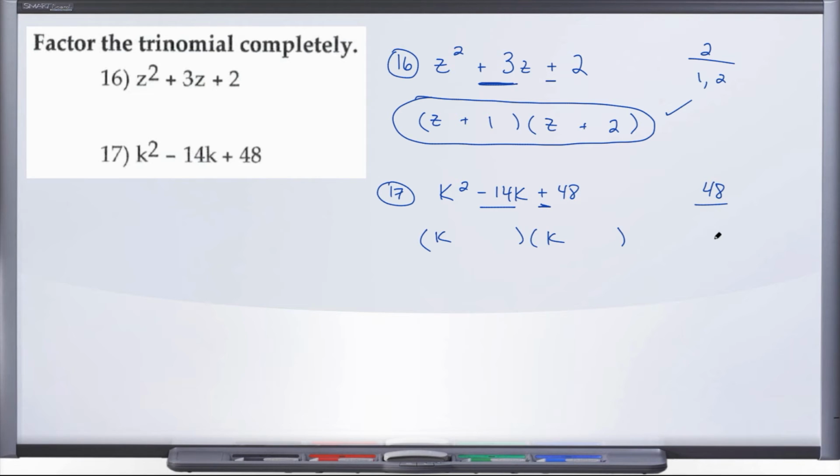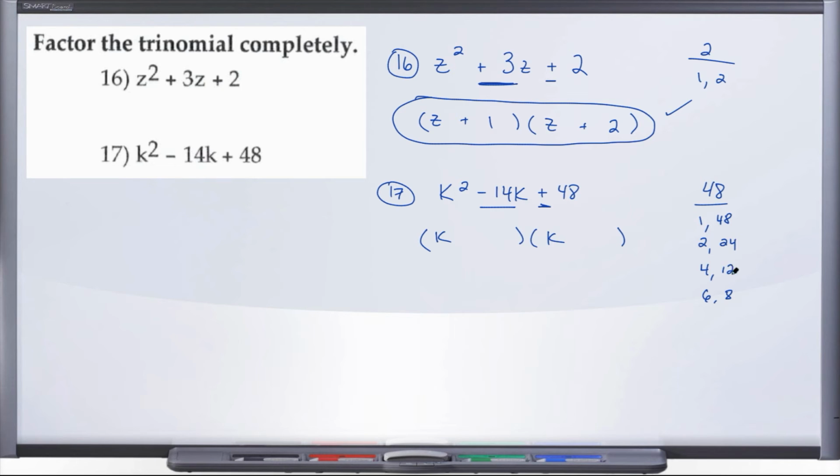Well, let's see if we can list the factors of 48 here. Well, we have 1 and 48. We have 2 and 24. How about we have now 4 and 12? And 5 doesn't work. We have 6 and 8. And I think that might be it.